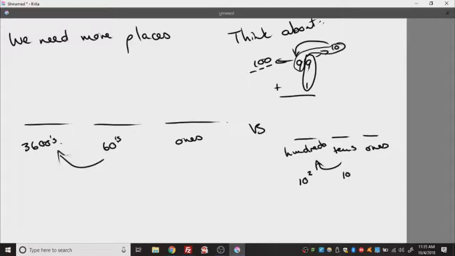What is the link between 60 and 3,600? 60 squared. It's very similar, except where we count in tens, they count in 60s. How I go to new places is still linked to the 60.